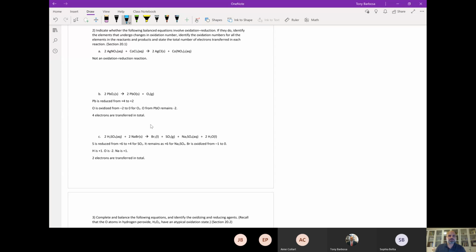Which substances don't change? We can see that the sodium ion is a spectator, right? It stays as a sodium ion in both cases. The protons, remember, this exists as an H+, it's also over in water over here. So at least in terms of oxidation numbers, the protons aren't changing here.